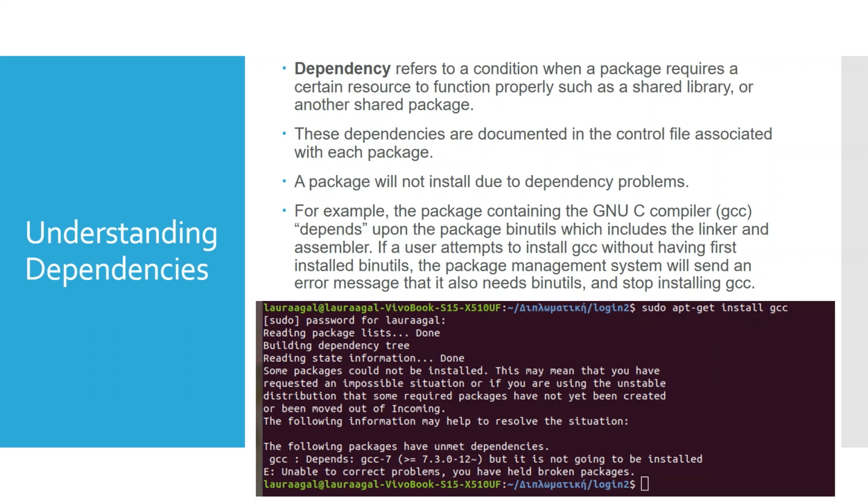Next is understanding about dependency. What is dependency? Dependency refers to a condition where a package requires a certain resource to function properly, such as a shared library or another shared package.